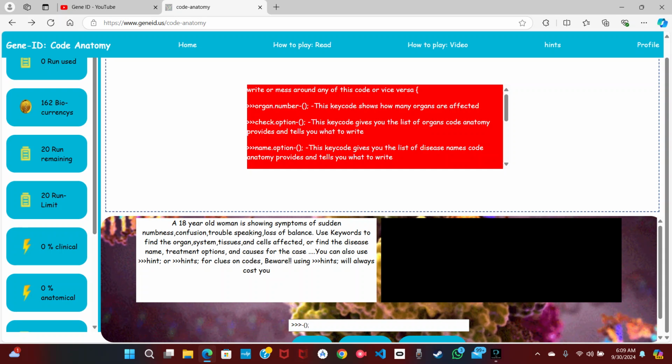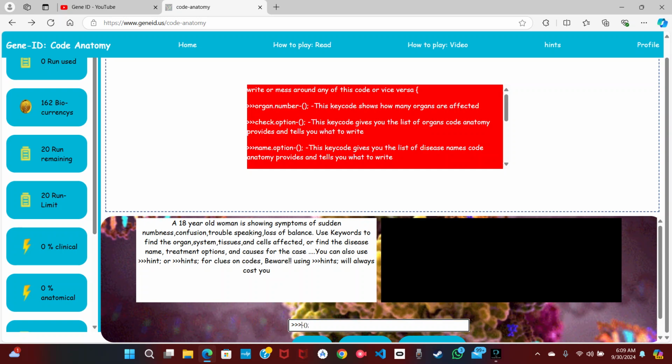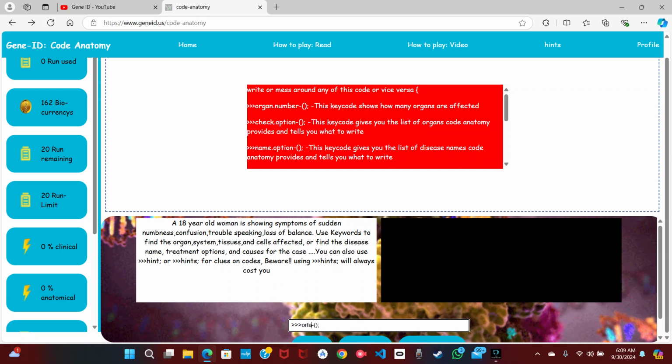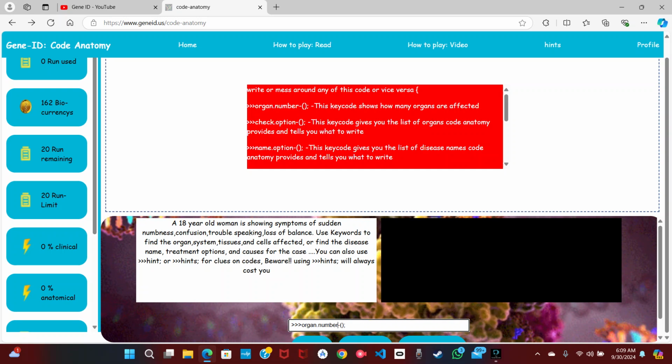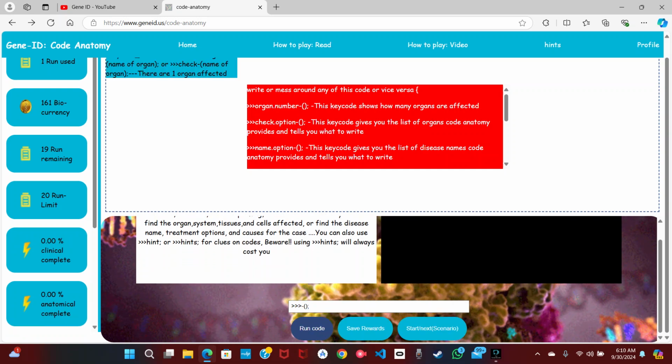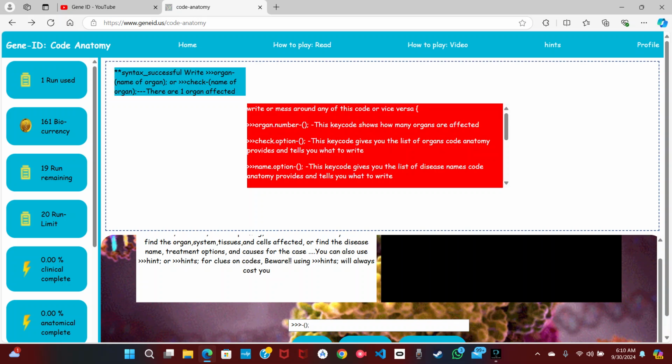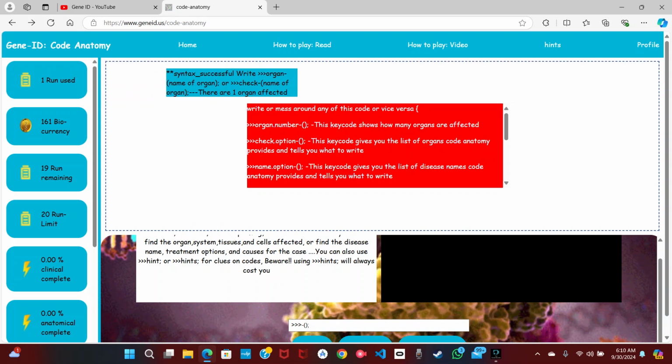So I need to know how many organs are affected. So in this case, I would write organ, wait, organ dot number. Let's run this code and see. Okay, so as usual, one organ is affected. Okay, cool.